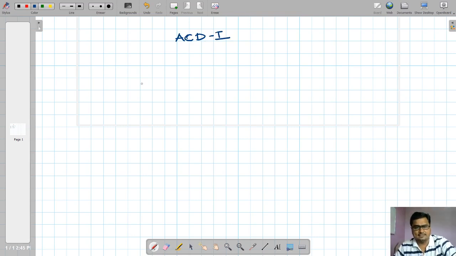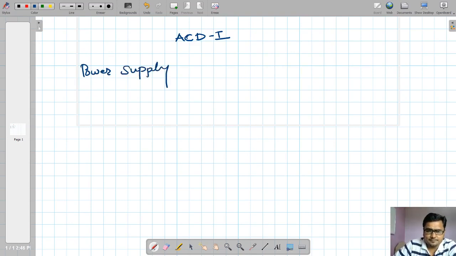Now, in ACD 1, the first thing that we are going to start with is power supply. Basically, it's a DC power supply. Now, what is DC power supply?